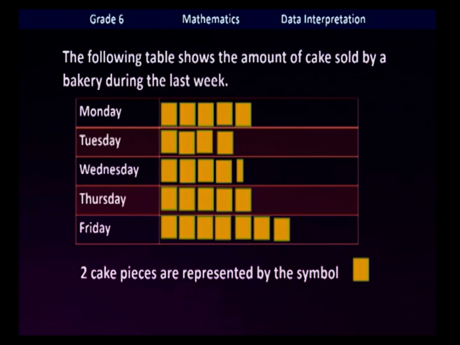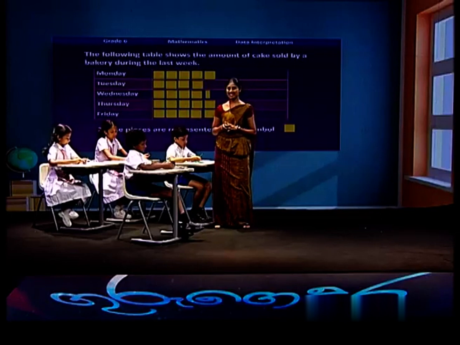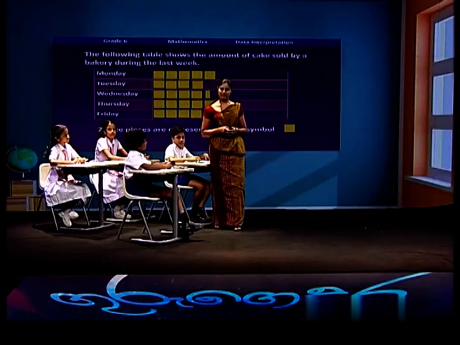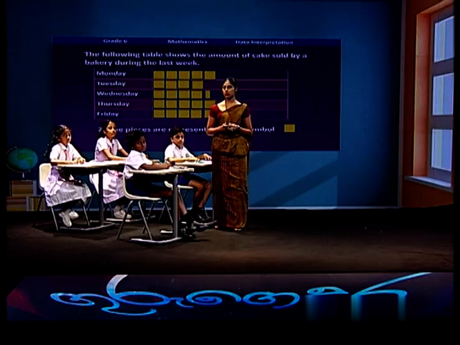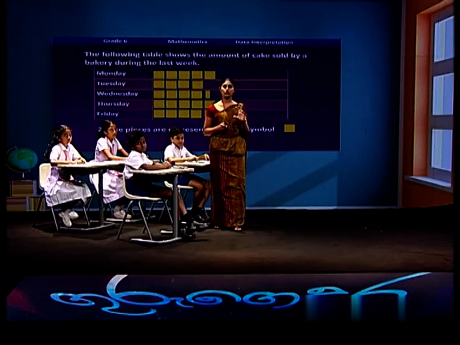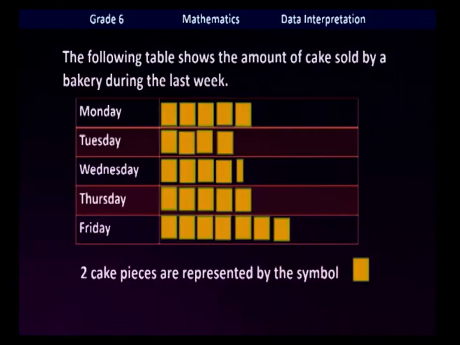So, what are the days on which an equal amount of pieces of cake were sold? Monday and Thursday. Monday 5 symbols and Thursday also 5 symbols. So that means on those days an equal amount of pieces of cake were sold.